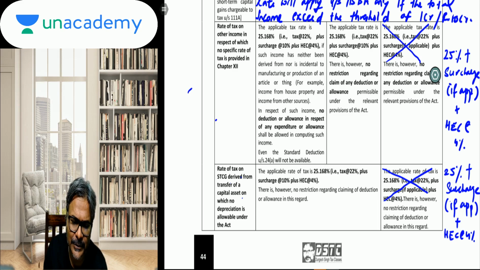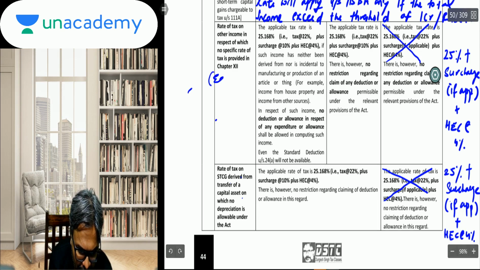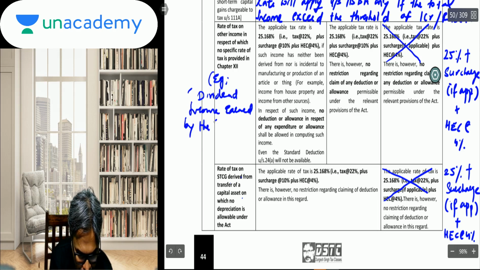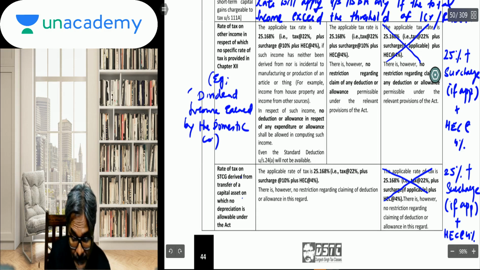I'm just giving an example here. You can write here, for example, dividend income earned by the domestic company. Why am I emphasizing domestic company?